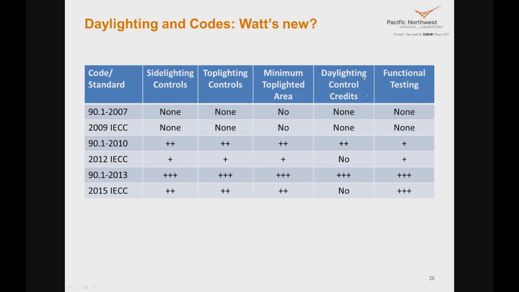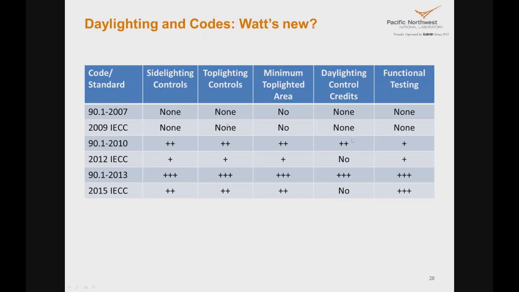These daylighting control credits are only related to the 90.1 standards. What these credits do is they provide a higher LPD if you go beyond the code requirements for daylighting controls.